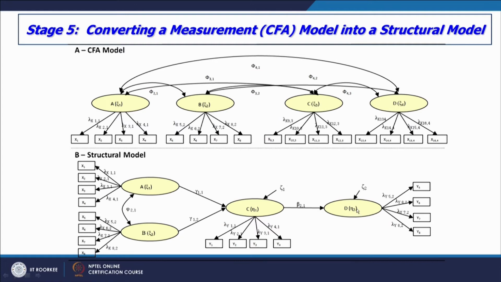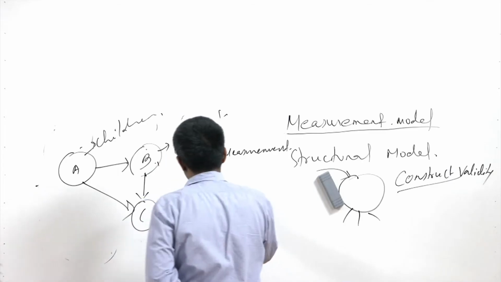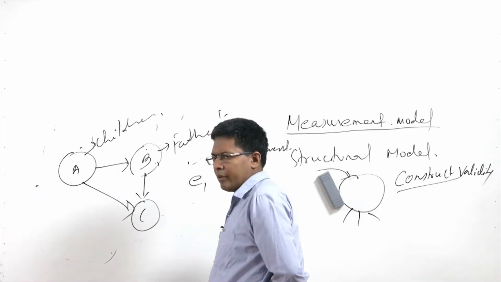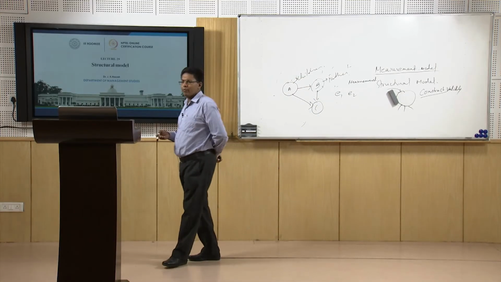These symbols are called the error terms. Sometimes we use simple notation like E1, E2. Time and again I have explained, the error terms are nothing but the unexplained part.